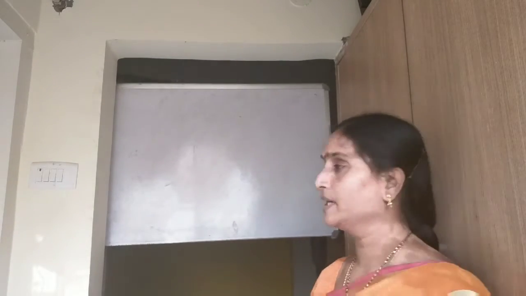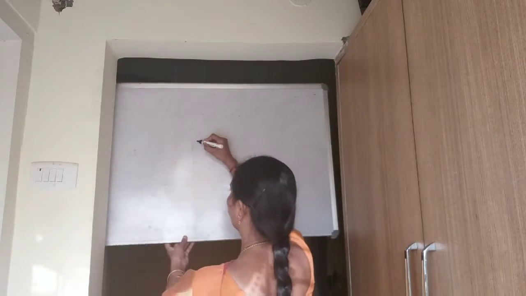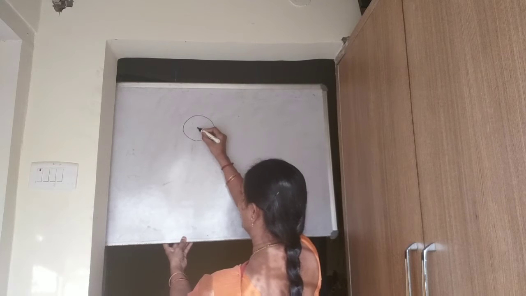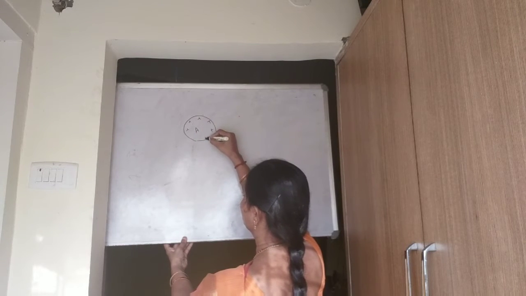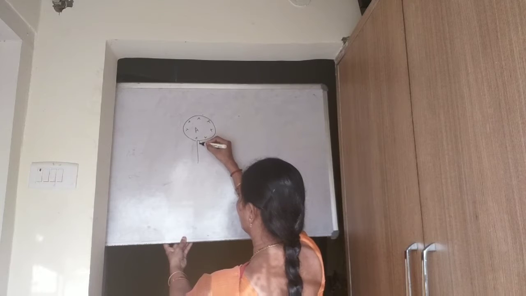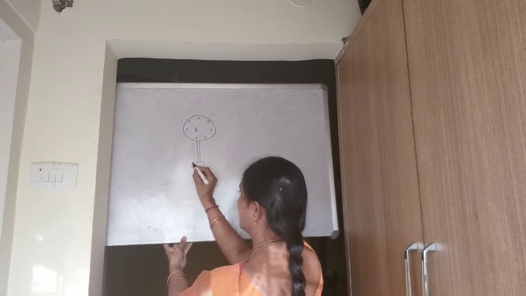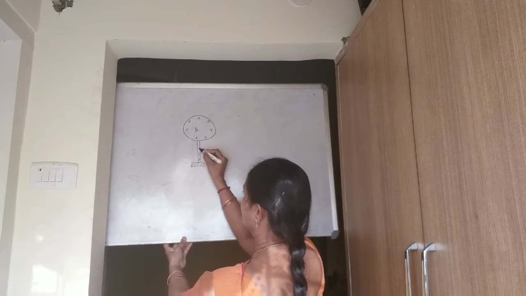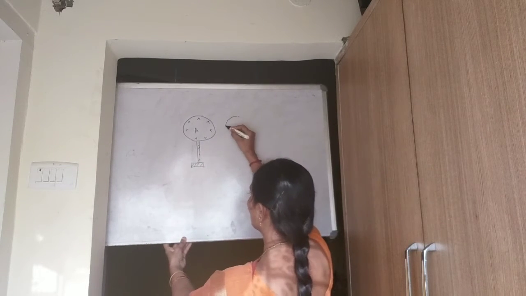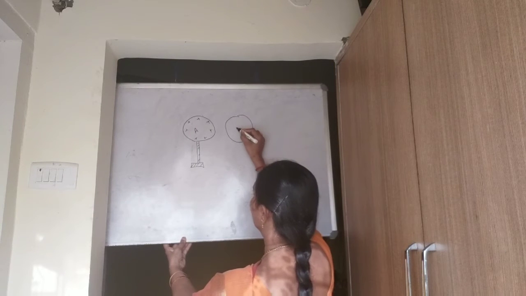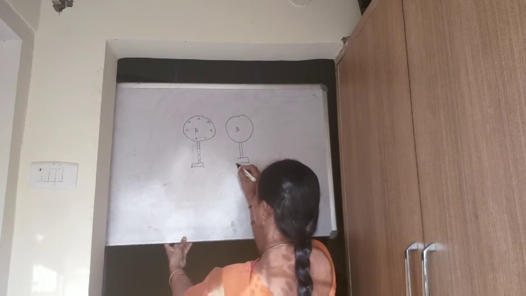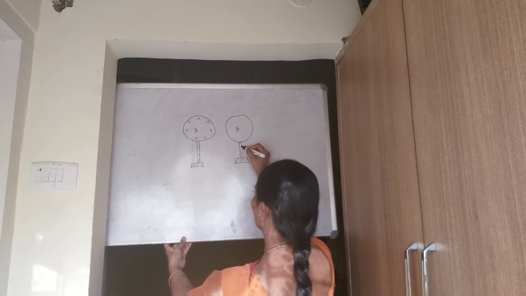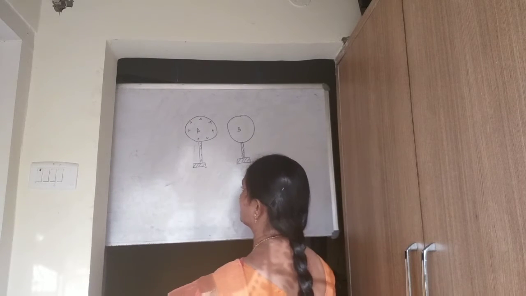So for this conduction to occur, let us take two identical metal spheres A and B. A is positively charged, placed on an insulated stand like this. B is also a sphere of the same size, which is uncharged.